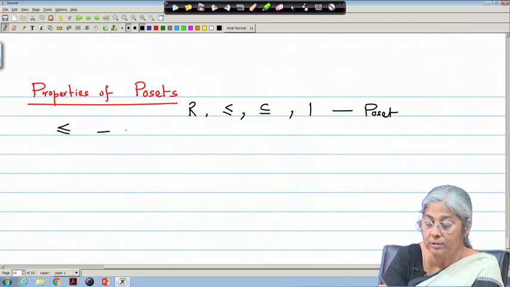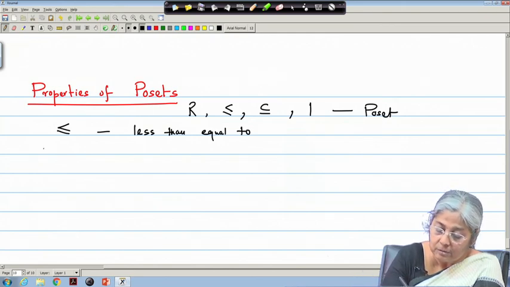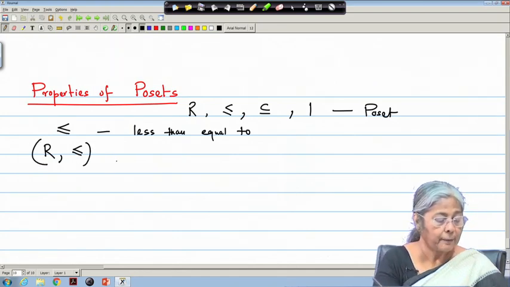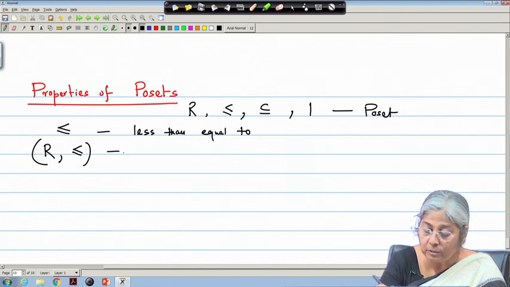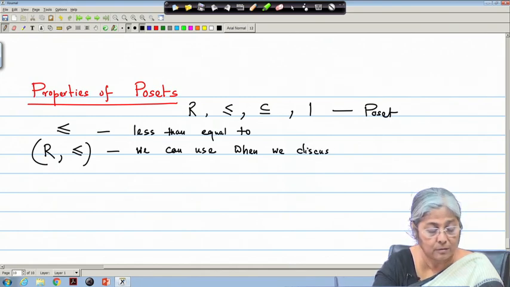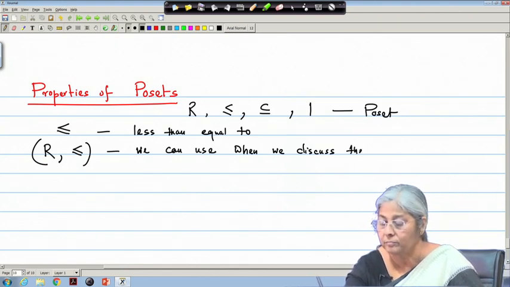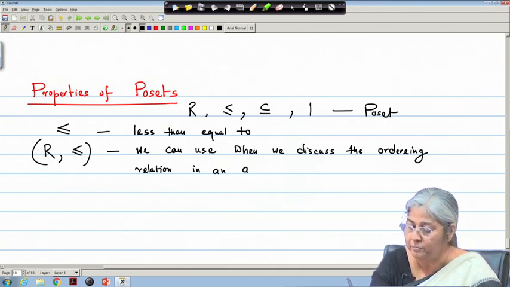Now, if we use a notation like this, it does not always represent less than or equal to, but we define R with this notation as a symbol that we can use when we discuss the ordering relation in an arbitrary poset.